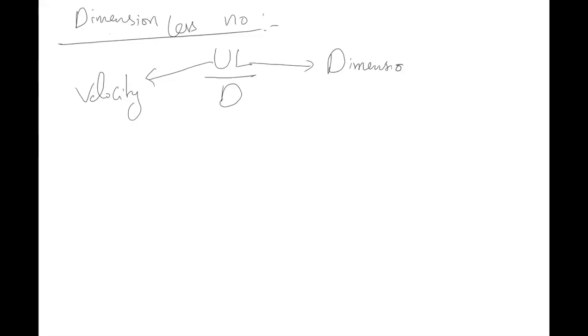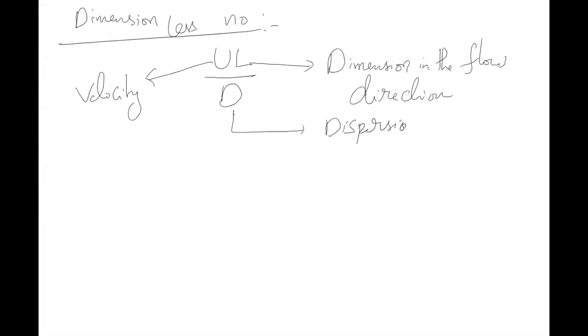The dimensionless number that we are defining is UL divided by D. U is velocity, L is the dimension in the flow direction, and D is the dispersion coefficient.